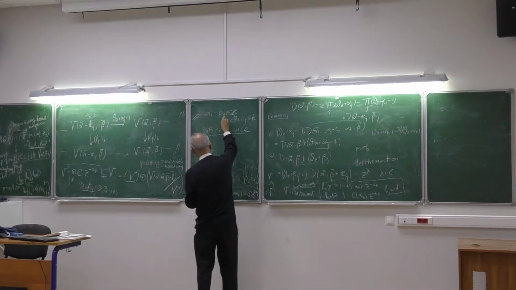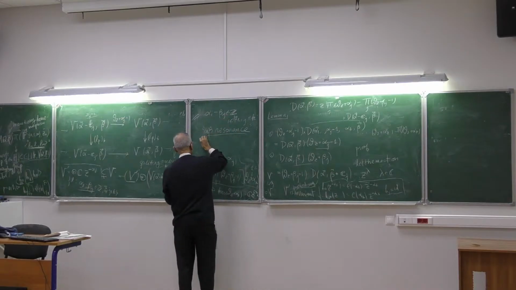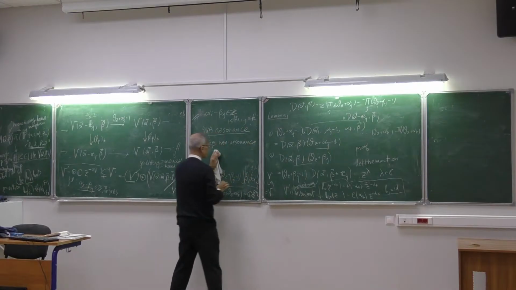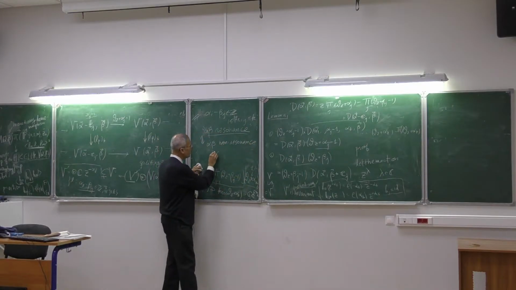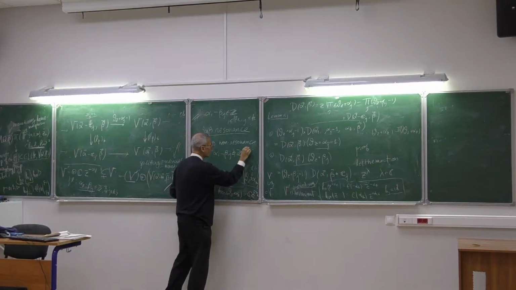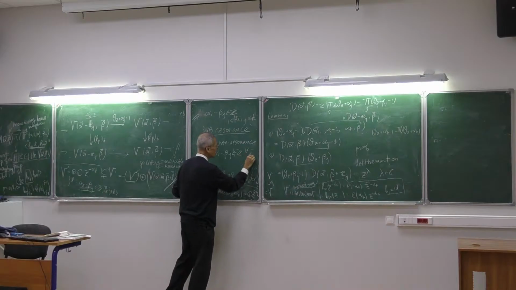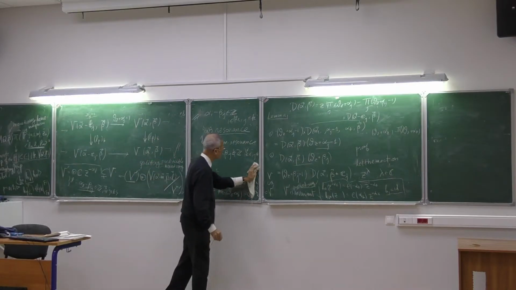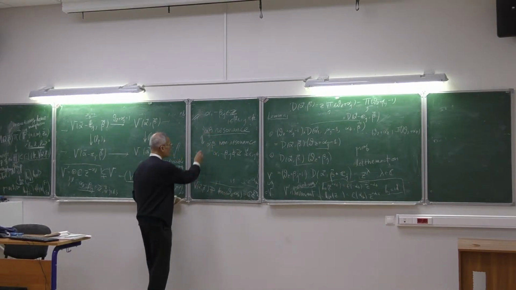And if it never happens, then it is the alpha beta non-resonant condition. Non-resonance means that alpha_i minus beta_j never coincides, for all i, j.